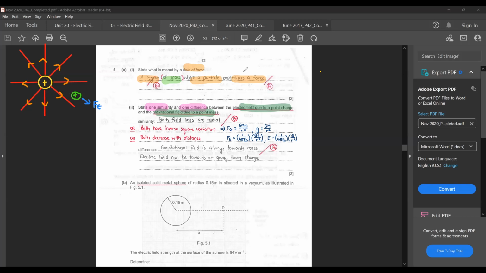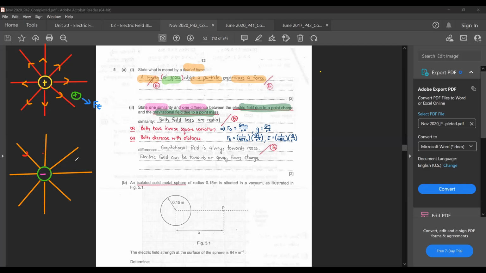In the case that you have an isolated negative charge, it's going to be the same thing, just that your field direction is going to be in the opposite direction. If I try to draw your field lines here, it again will be radial, like this. But the direction will be pointing inwards.